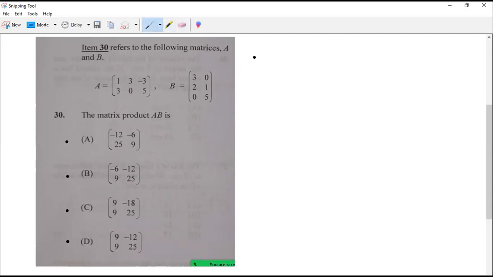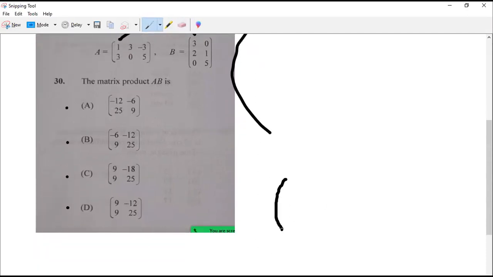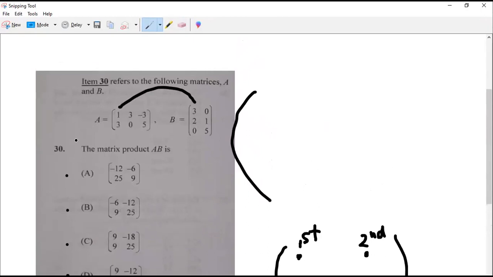So, it's row by column. I'm going to show you how to get this number first, and after that, I'm going to show you how to get that number second. All right, so it's row by column.